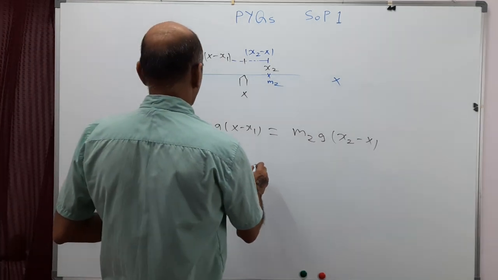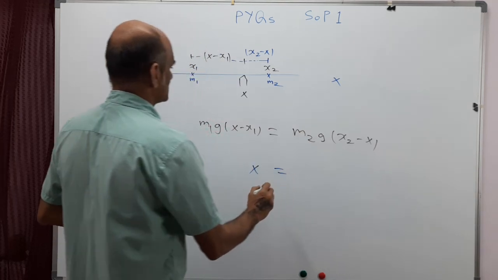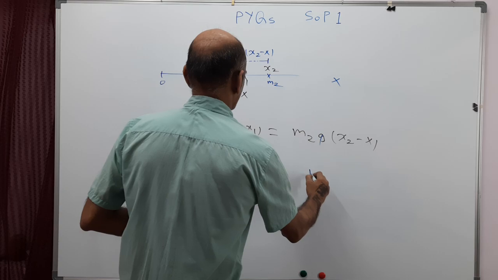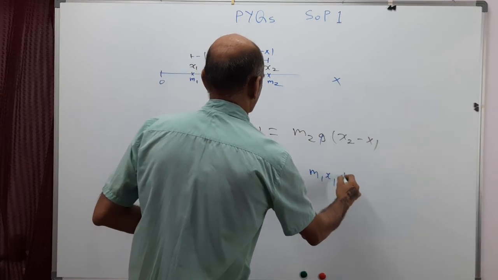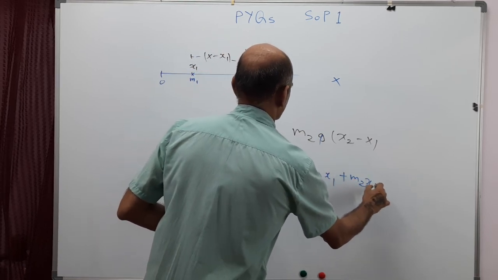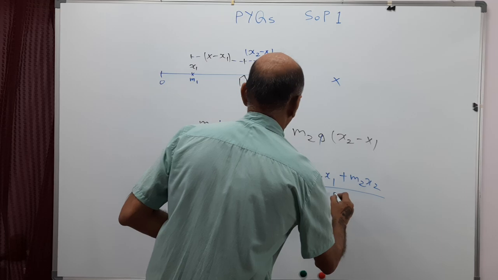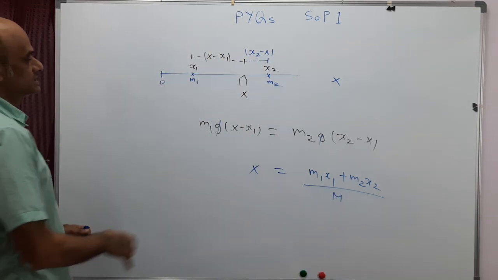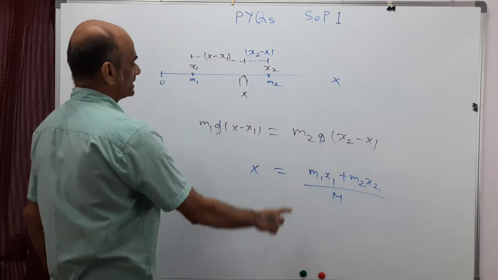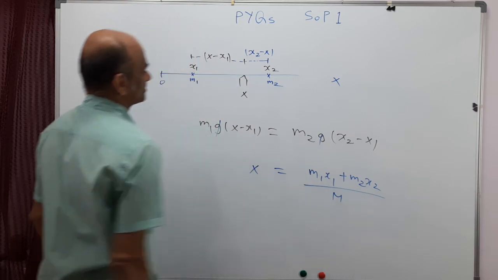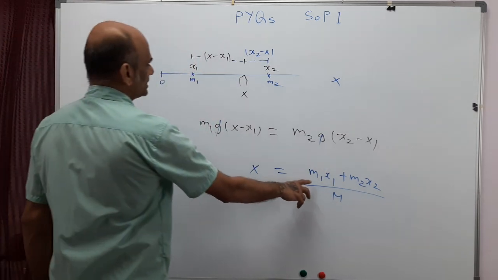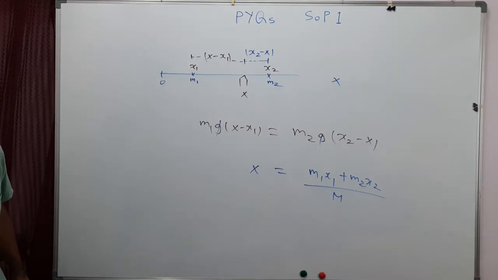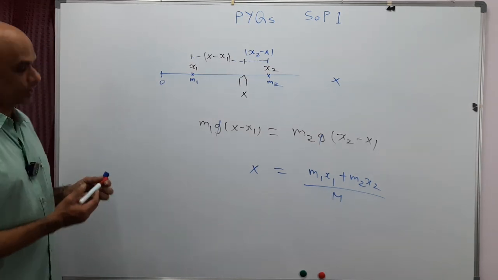So this will give me X as, g will cancel, m1 x1 can be taken to the right side, X equals m1 x1 plus m2 x2 by the total mass m1 plus m2. So X is a combination of x1 and x2 with the weightages of m1 by m and m2 by m. Whichever mass is heavy, its contribution will be more. This can be generalized for more than one point mass.